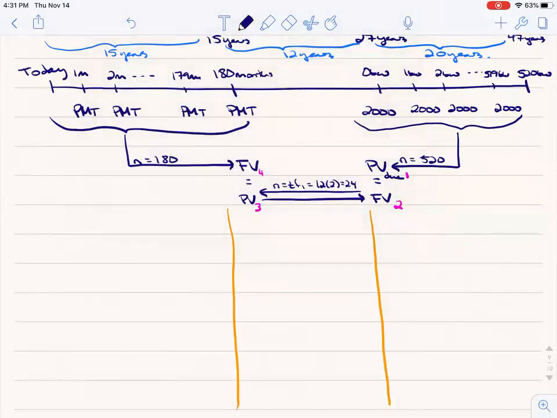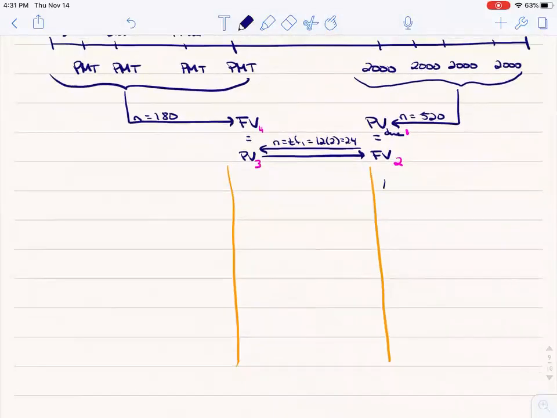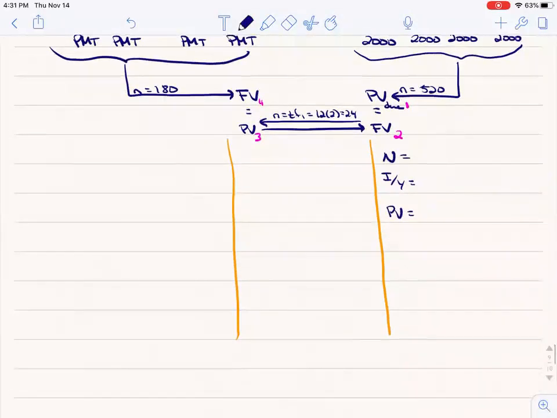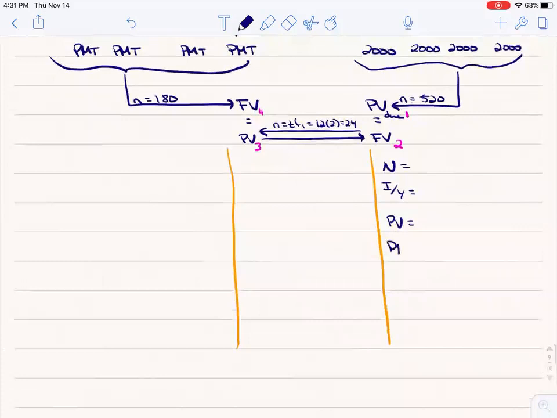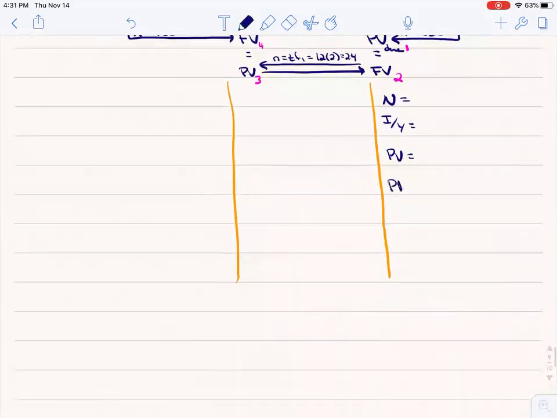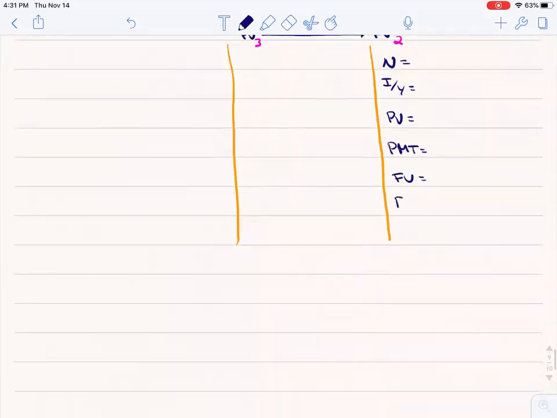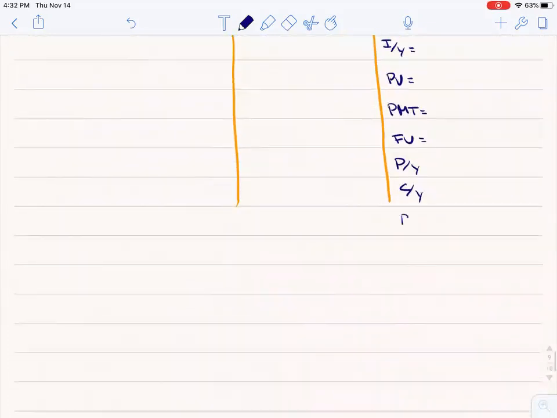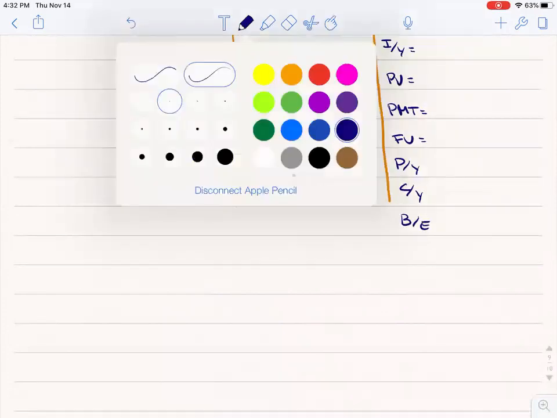So here, if we're using our calculator, then each of these is going to have an N, an interest per year, a present value, a PMT, a future value, the payments per year, the compoundings per year, and beginning or end.